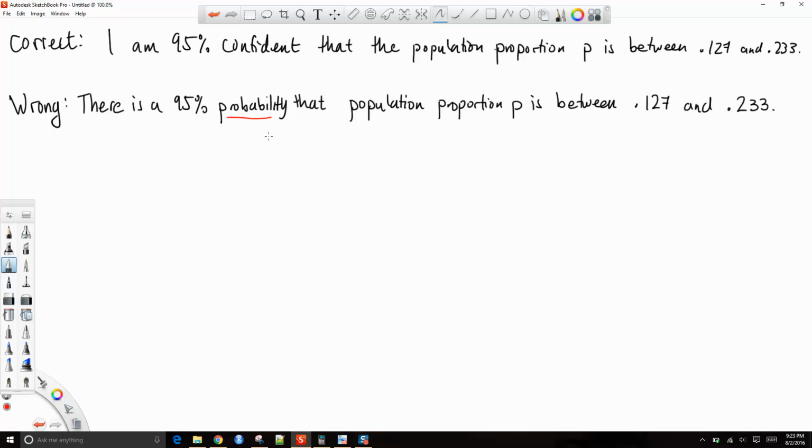Before I flipped the coin, it was correct to say the probability that it will land heads is 0.5 because there was uncertainty. The future had not been foretold. So it could have landed heads, it could have landed tails. After the coin landed, however, there is no more probability.